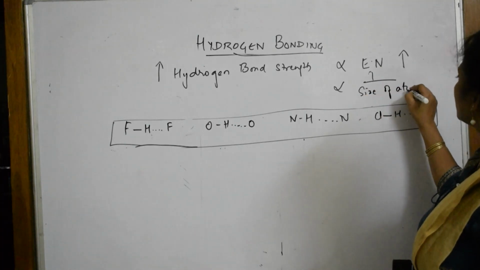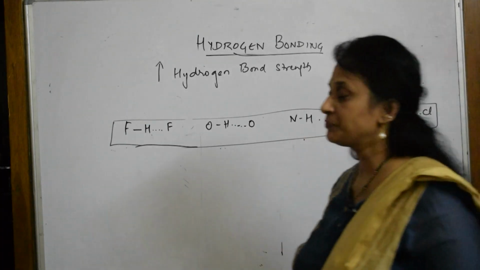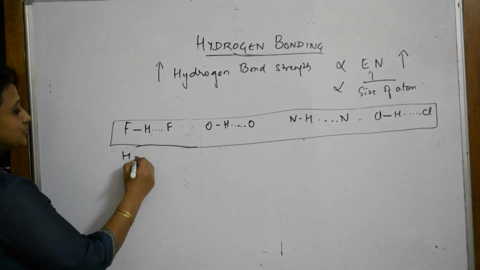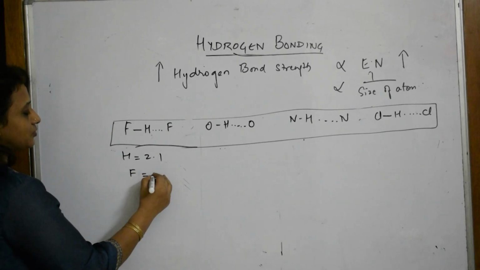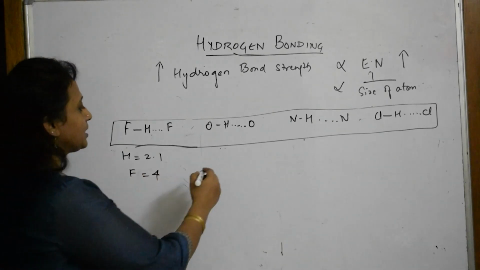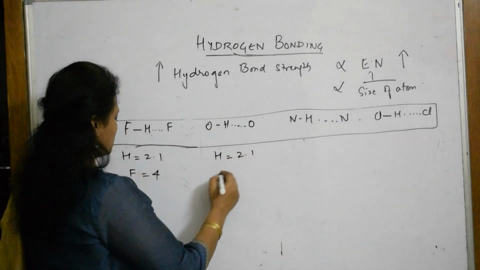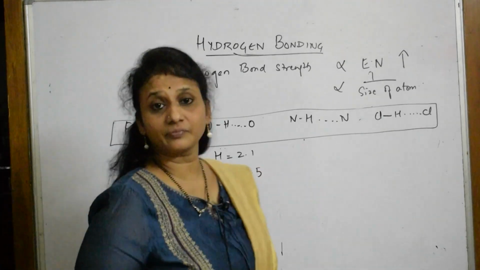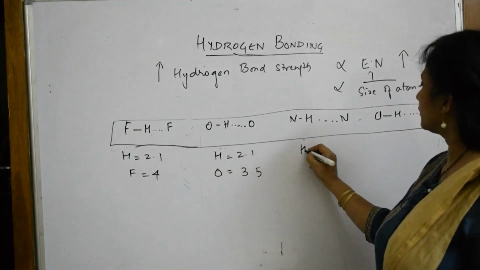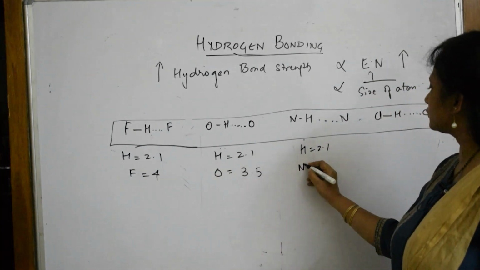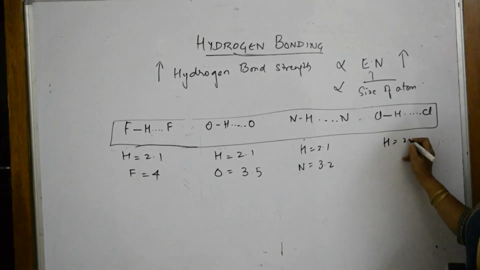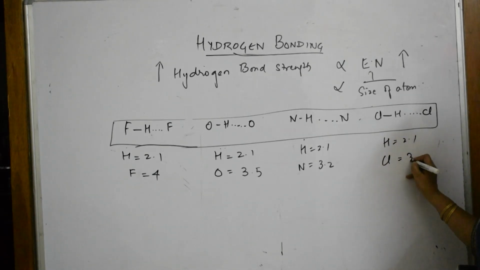Okay, how can I apply this concept in this? Let's see. Among all these, hydrogen electronegativity value is 2.1, fluorine is 4. Hydrogen again is 2.1, oxygen is 3.5. Here hydrogen is 2.1, nitrogen is 3.2. Hydrogen is 2.1 and chlorine is 3.